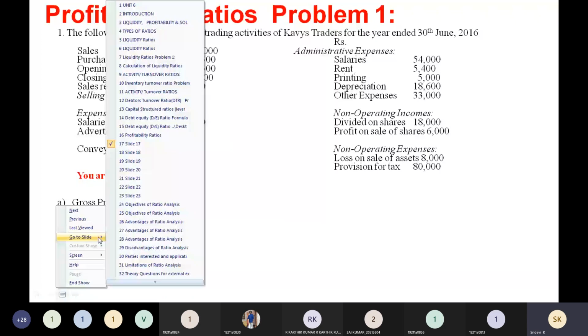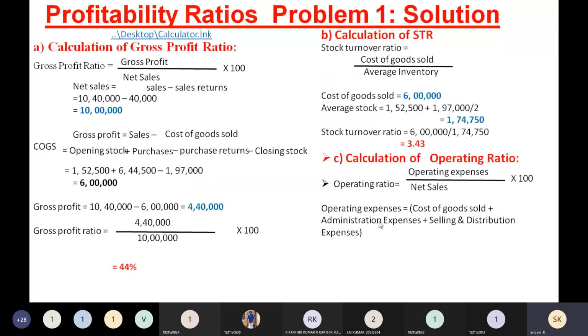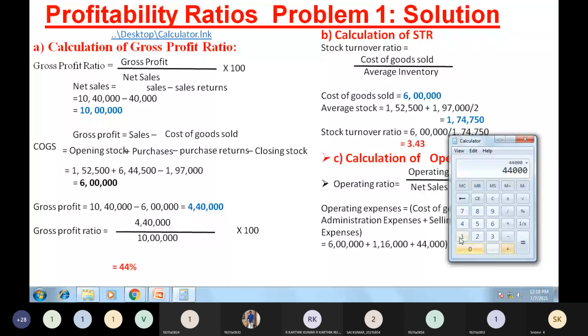Let us add them to the cost of goods sold. We got 1,16,000 as administrative expenses in the calculator, and for selling and distribution we obtained 44,000. You add all these three. How much will you get? 44,000 plus 1,16,000 plus 6 lakhs.